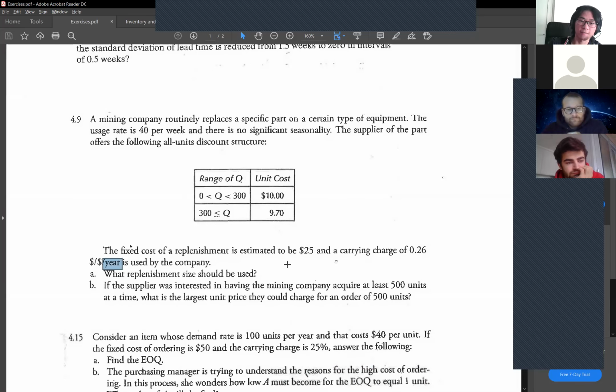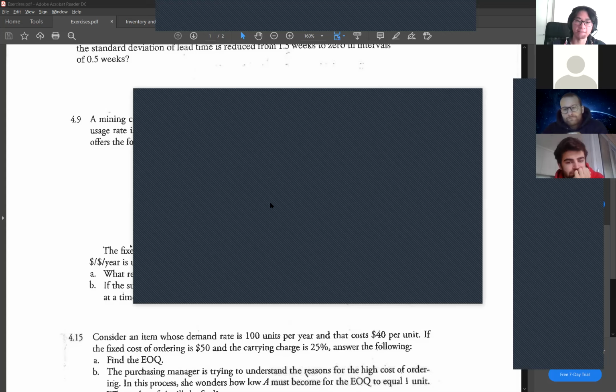So you can either change this demand, calculate it for the whole year, or you can change this carrying cost, divide it by 12 and change it to per month. But it doesn't matter. You can do both. You can do either.